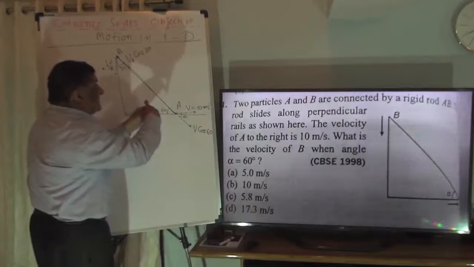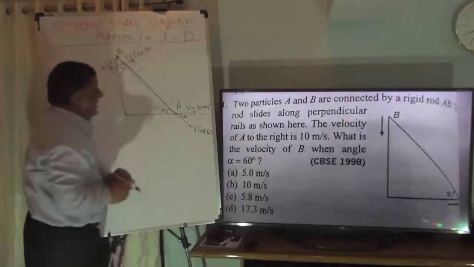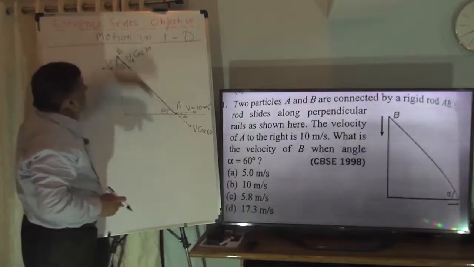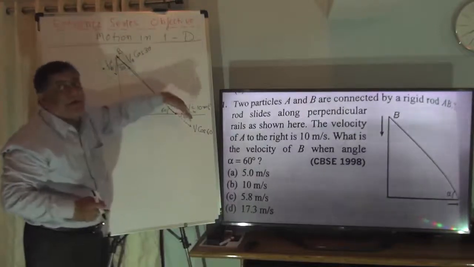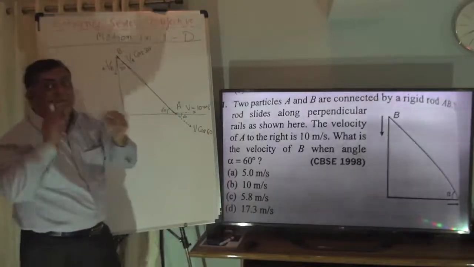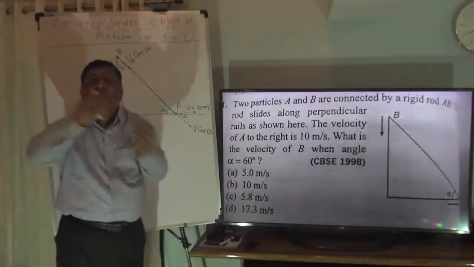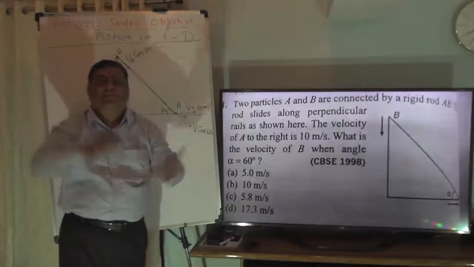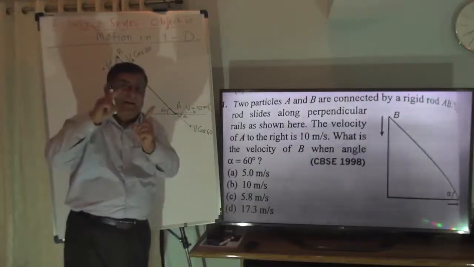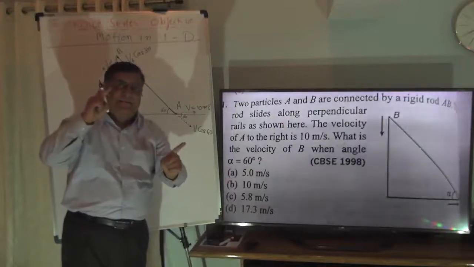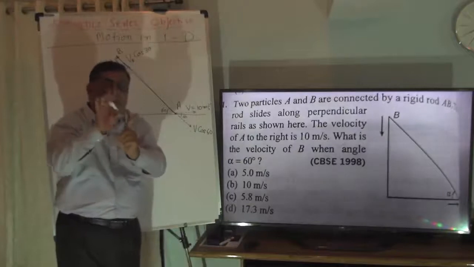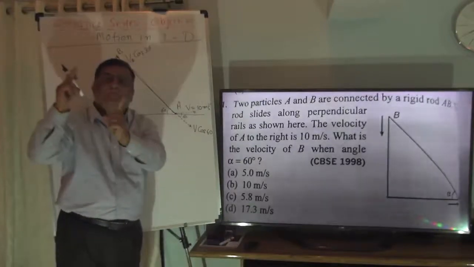If this distance is the same, then what is the relative velocity of B with respect to A in this direction? No change in distance. If there is no change in distance, no change in displacement, velocity is 0. If there is velocity, then the distance must increase or decrease. If there is no change, the relative velocity is 0.